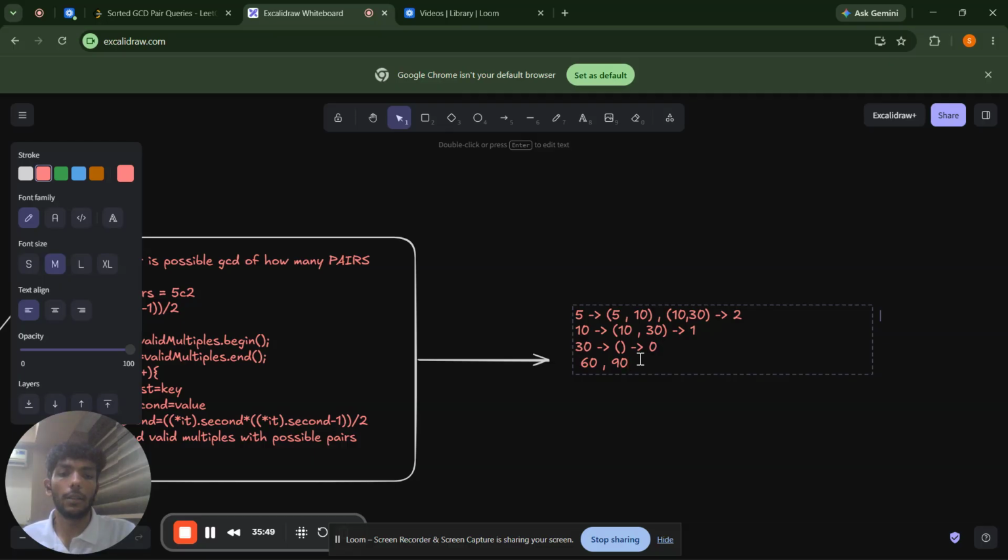Let's understand with the example of 5. We know that 5 is a possible GCD for these two pairs. But we can see that for this pair, 10 is the correct answer because 10 is also a GCD for it.